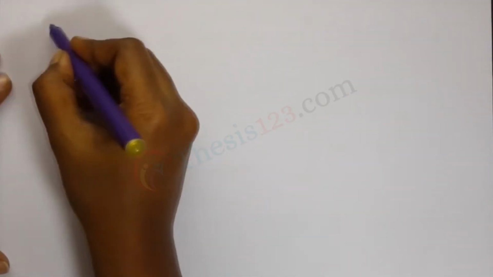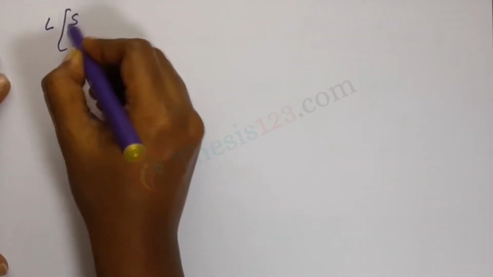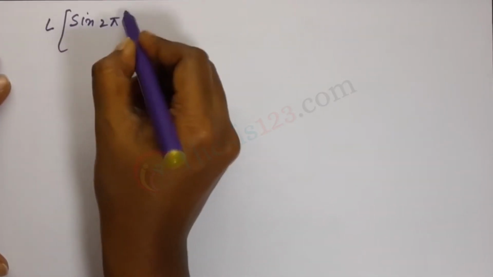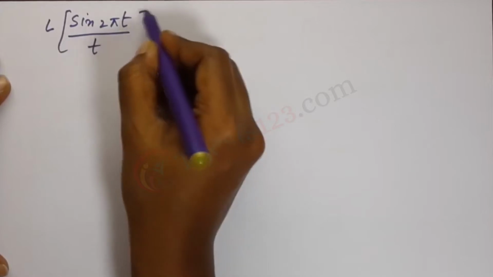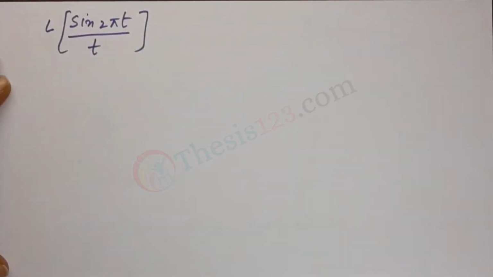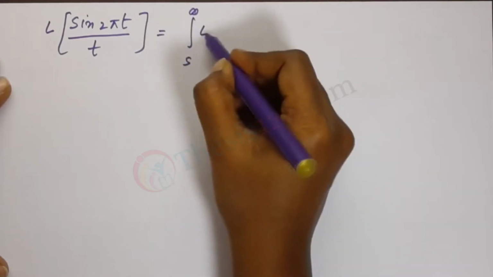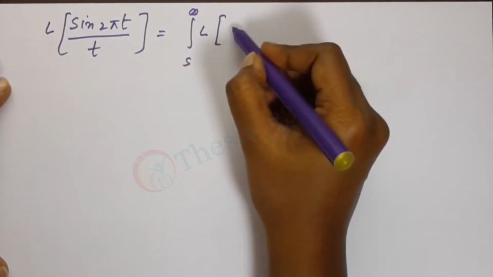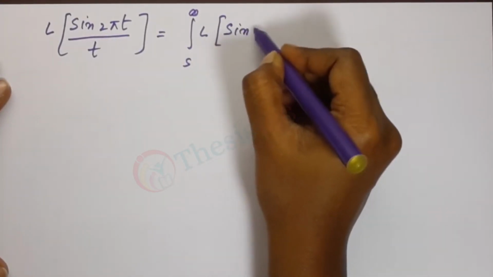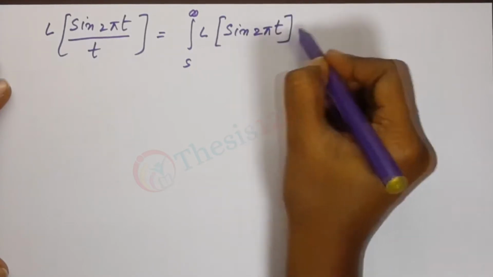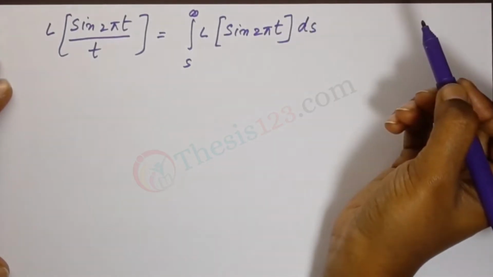Alright, so now we have Laplace of sine 2 pi t by t. Using the formula, we write it as the integral from s to infinity of Laplace of f of t, that's sine 2 pi t, ds.